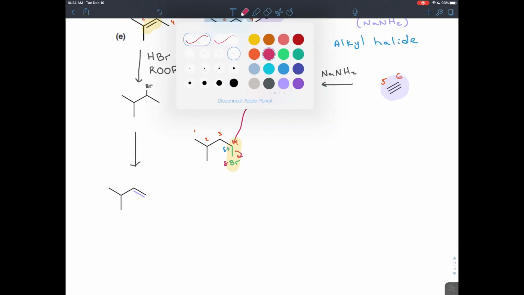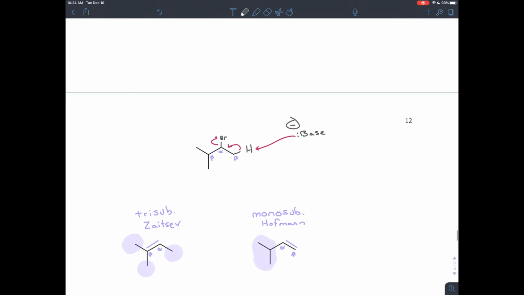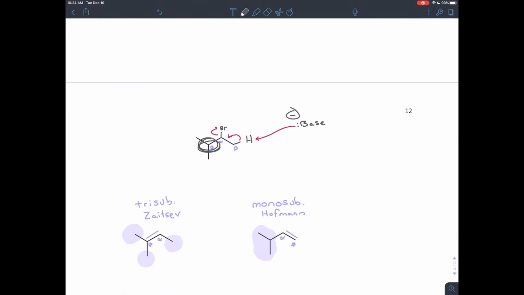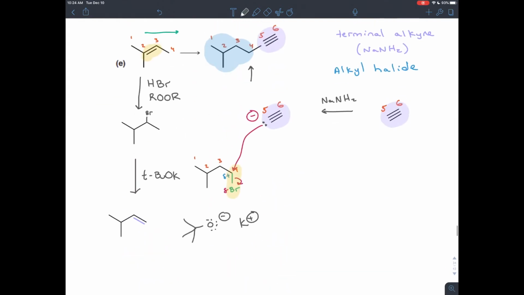The bulky base you'd want to remember is potassium tert-butoxide, t-BuOK. What that looks like is a tert-butyl group with an oxygen that has a full negative charge and the potassium is stabilizing it. Notice this big, bulky tail that will prevent it from reaching any hydrogens in this more crowded environment, so it'll only steal the less crowded hydrogen.